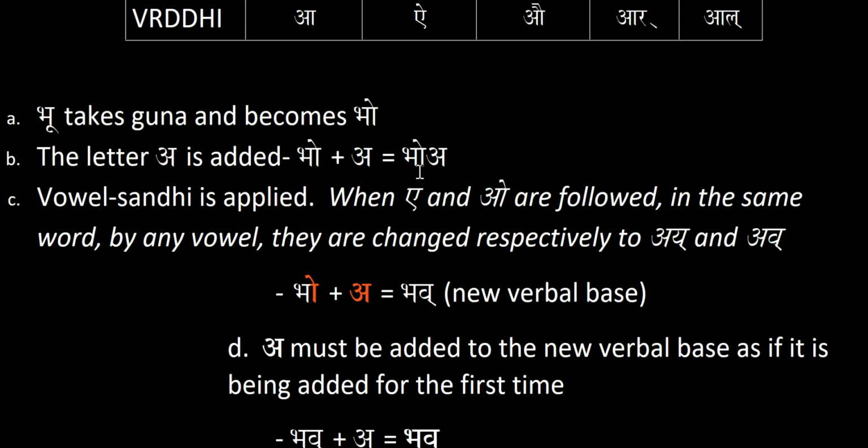Because we have bho and a, and the o and the a are next to each other, and a is considered to be a vowel. So this is what is going to happen. I have bho, I have a here in the red. Now, these two letters are going to be removed and be replaced with av. Okay?